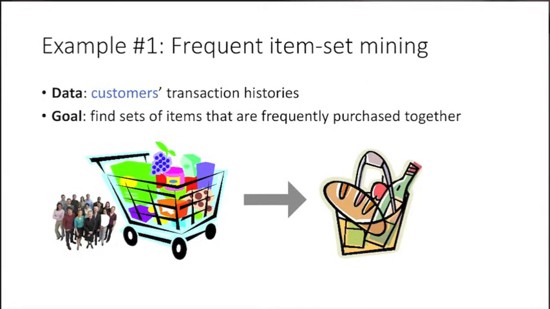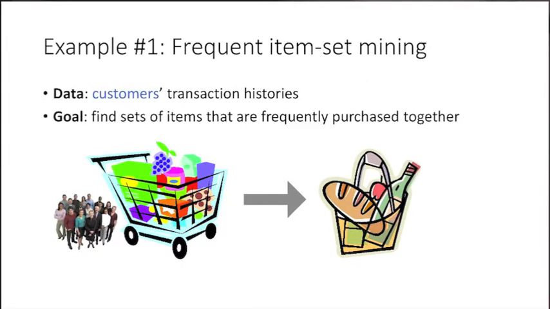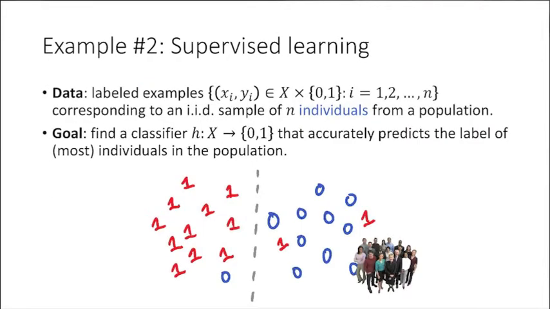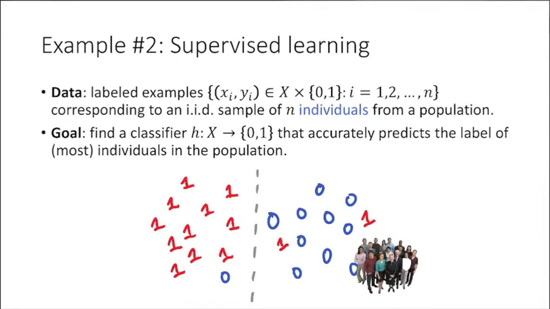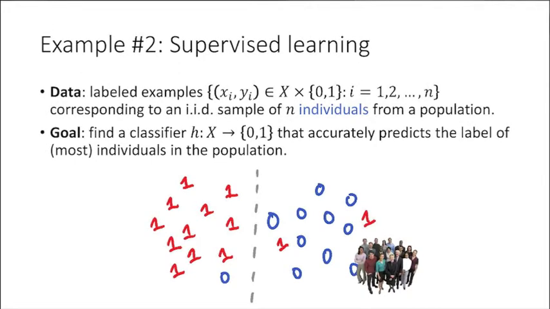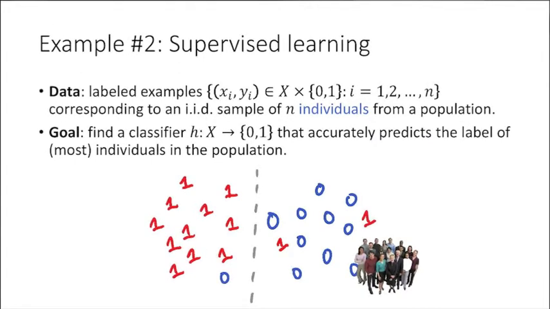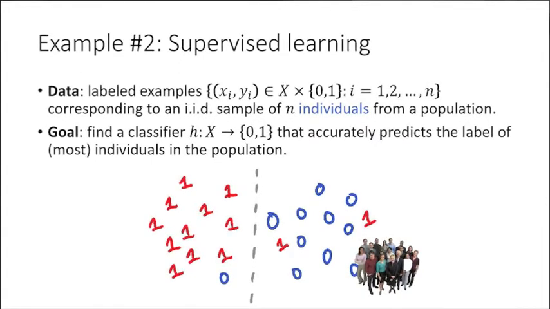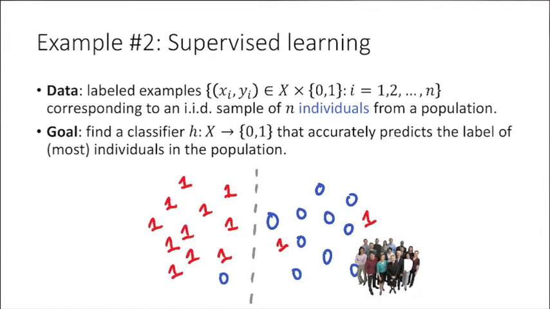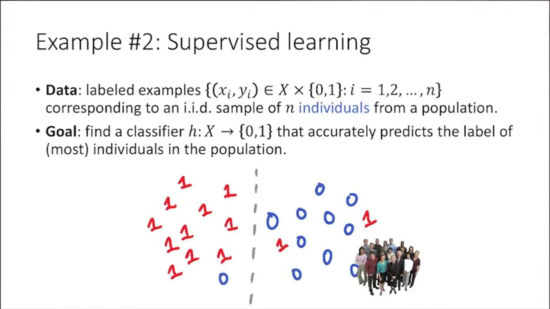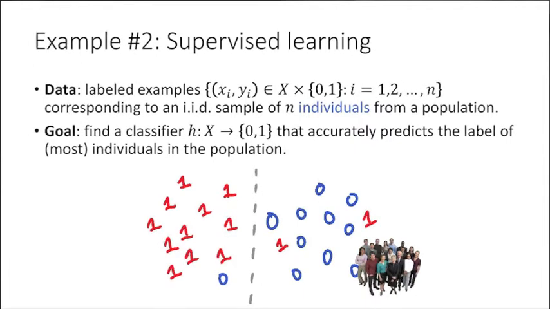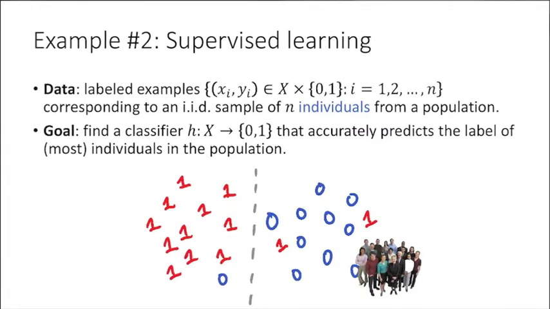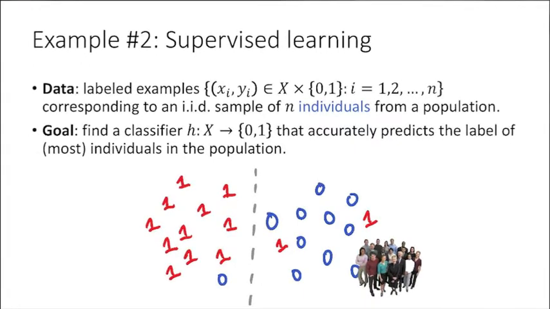More generically in machine learning, we look at the problem of supervised learning, where you're trying to find a classifier to classify instances by their labels. So think of X's as instances, feature vectors, descriptions of some objects. In this case, these objects are the individual people who are represented in a data set taken from some population. They can be classified, let's say, into just two different groups, 0 and 1.